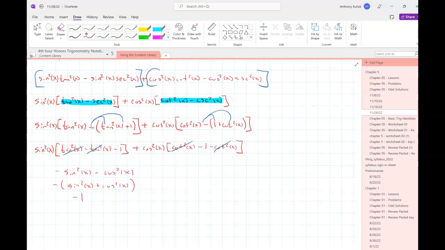The instinct is to jump straight to the identities. But in some of these problems, especially the verifying ones that you guys have done in the homework, I would say two-thirds to maybe three-quarters of the steps are just algebra things.